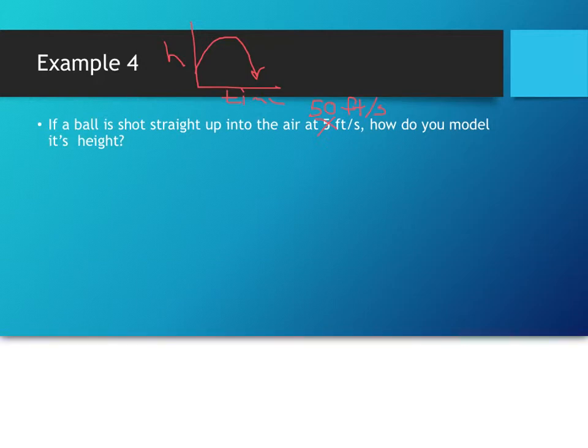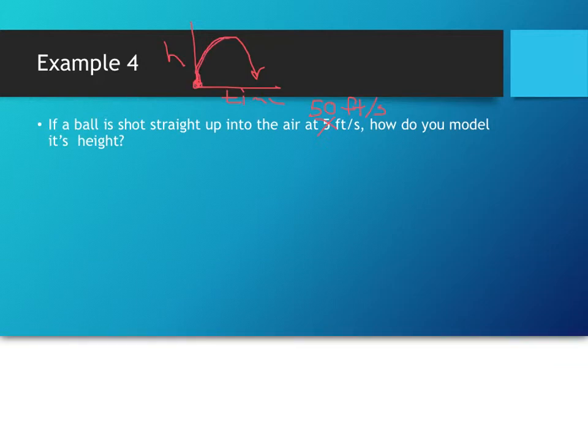Now, I encourage you right now to pause, look it up online, and then come back and write it down and see what you would get with 50 feet per second, what type of a function that would look like. And by the way, in this scenario, we're going to shoot it up from the ground level.